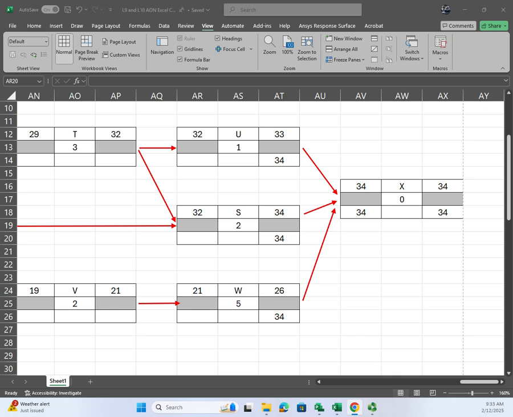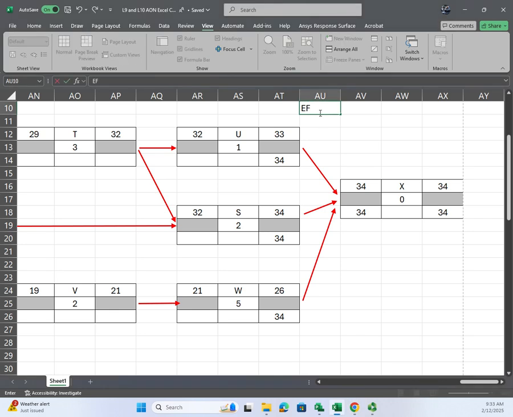I didn't bring a marker with me today, but write this down. For forward pass, EF is equal to ES plus duration. I can type it in someplace here. I'll type it right here.